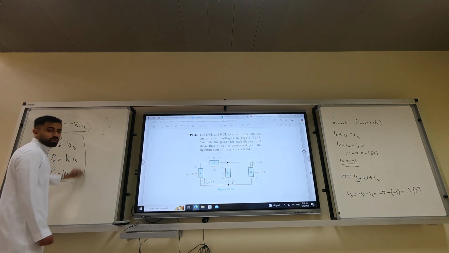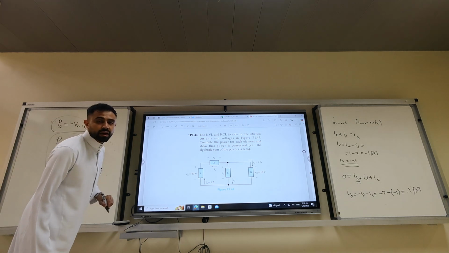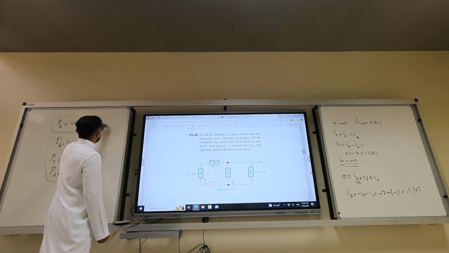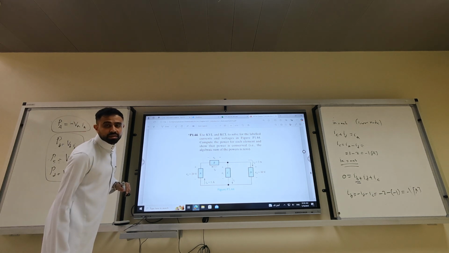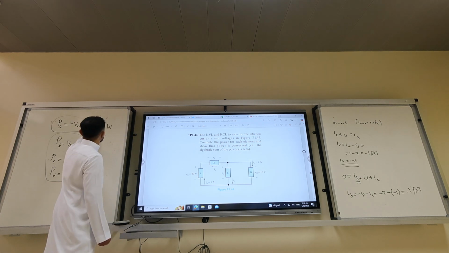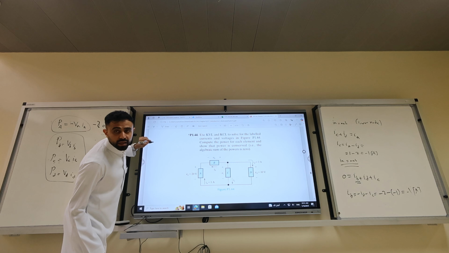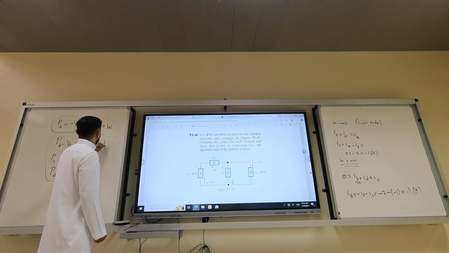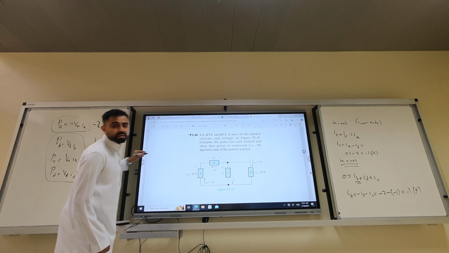Once you calculate all the powers, I can give you the answers. Minus 20, 10, minus 10. So this is going to be 10 watts, this is minus 20 watts, this is the power of B, 10 watts, and the other one is minus 10 and 20.